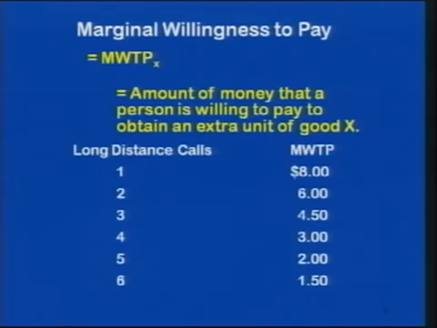And to do that, we're going to utilize a concept called marginal willingness to pay. For a particular good, you have an amount that you're willing to pay for 1 unit of the good. Like if you're buying blue jeans, how much is it worth to you to have a pair of blue jeans? That's the maximum you'd be willing to pay. So willingness to pay is a relatively straightforward concept.